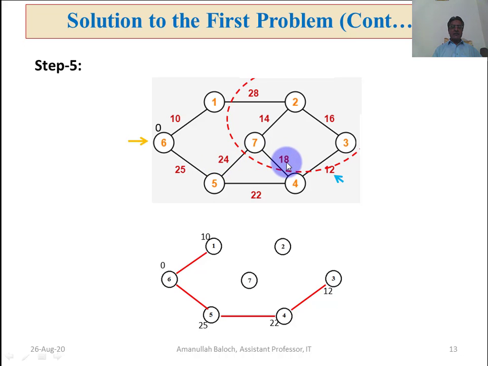This is cutting these edges, with weights 28, 24, 18, and 16. The lightest is 16, so 16 will be selected. 16 has been selected, from 3 to 2. This adjacent node's key value changes from infinity to 16. The key value of 2 becomes 16, while the key value of 7 is still unknown.